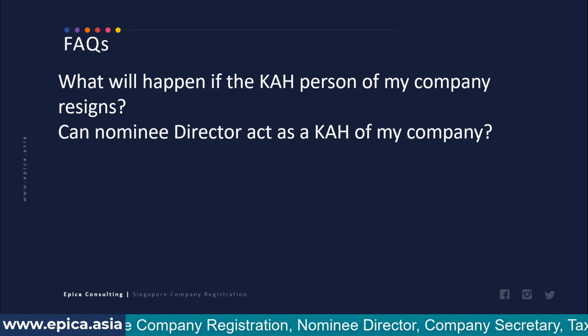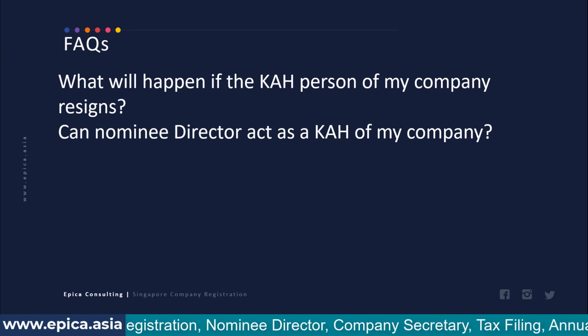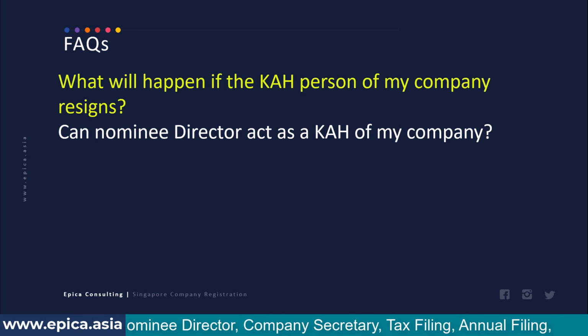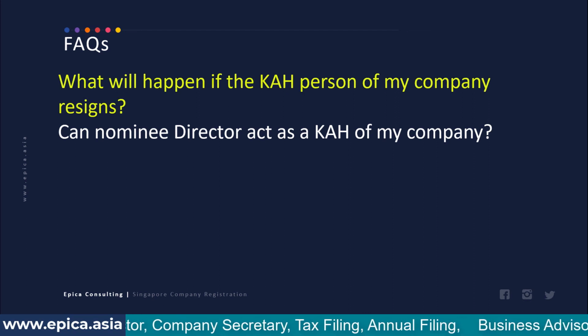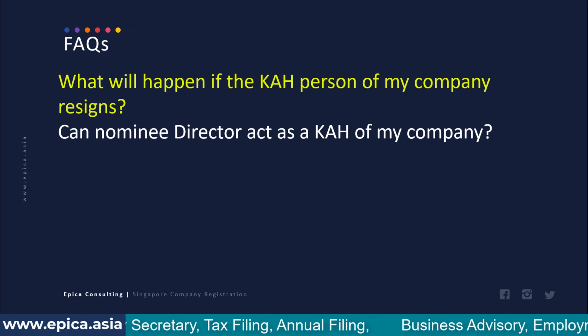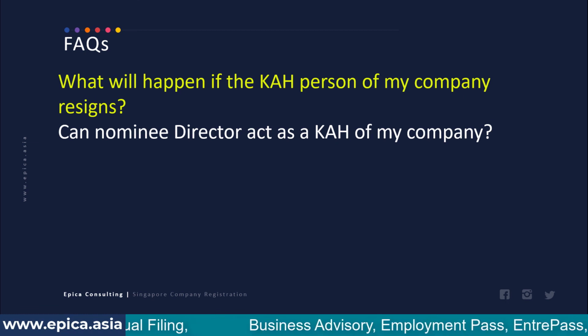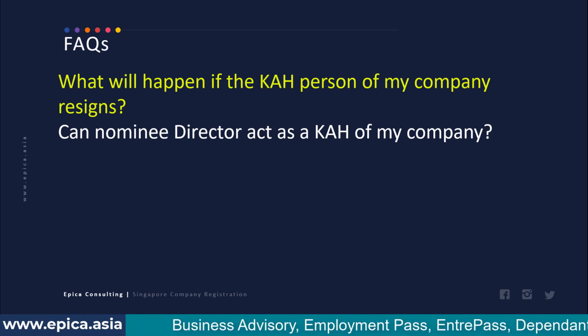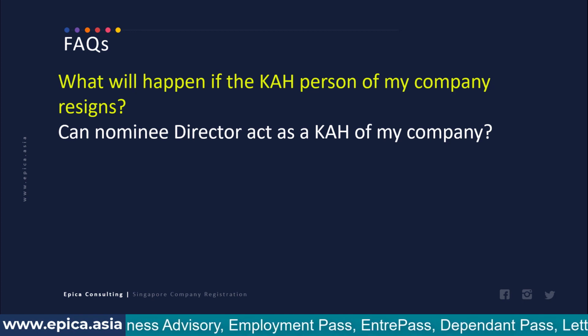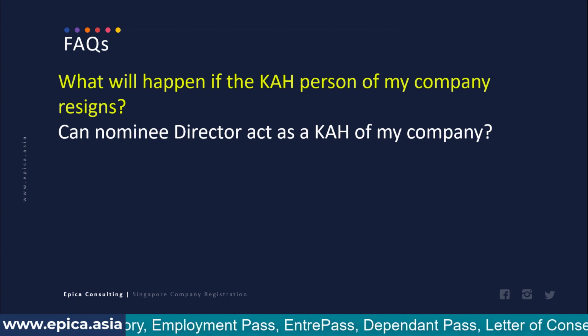So you will have to make arrangements before this person leaves to recruit somebody else to take over the role of KH. What many organizations do is typically get two key appointed holders, so that in case somebody leaves or something happens to him, the other person is always there.